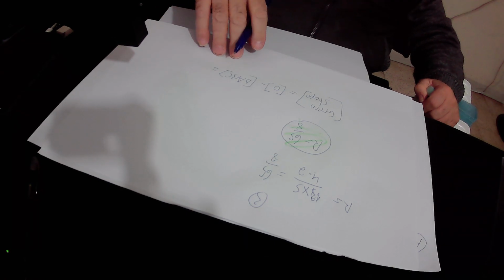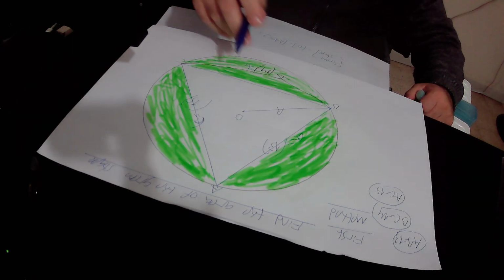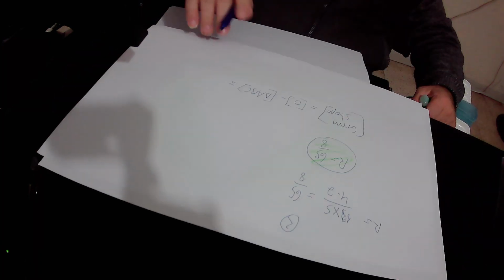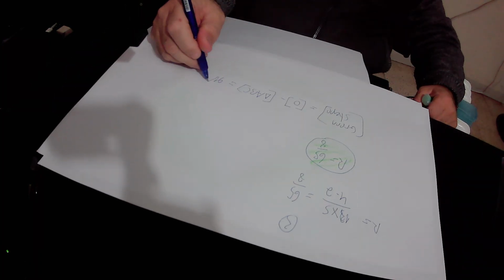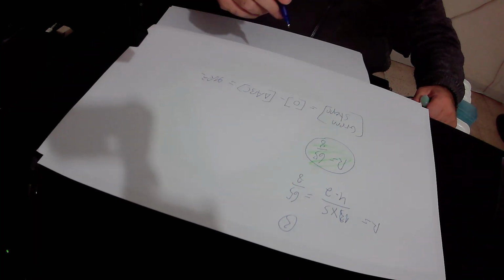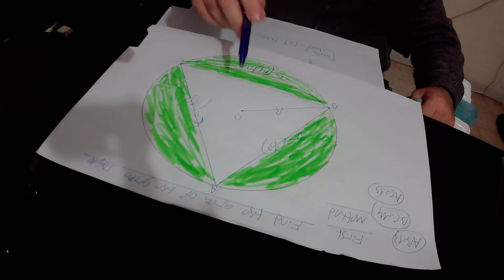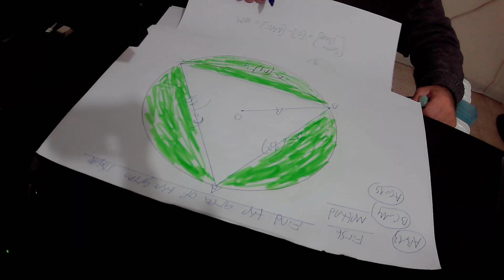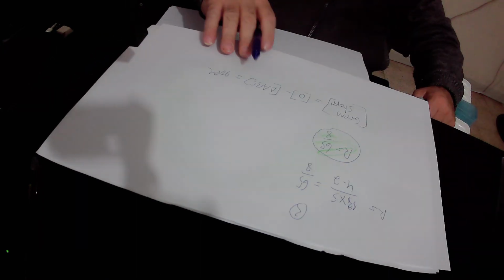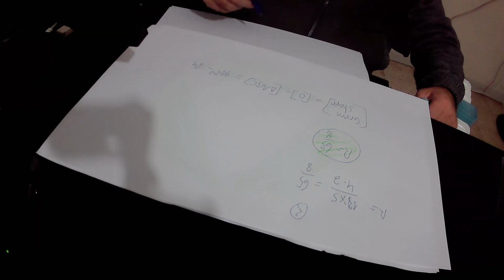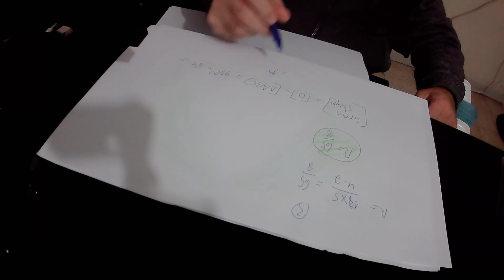The area of this circle is pi r square, pi times the radius square, minus the area of triangle ABC. We have already found out that the area of this triangle ABC equals 84 square units. So it is pi times r square.